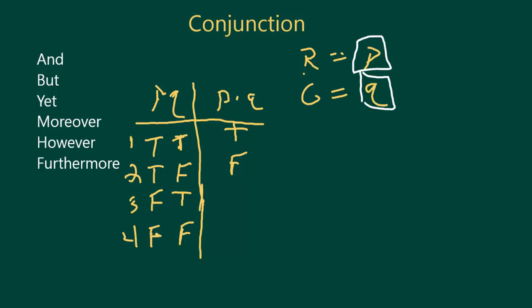Or if you find out that it's not raining but the grass is green, so it's a sunny day but the grass is green, you'd also say that's false. Or if it's sunny and the grass is brown, you would say that's false. The only situation for conjunctions when you're going to say that it's true is when both of the statements being connected by conjunction, which we call conjuncts, are true.